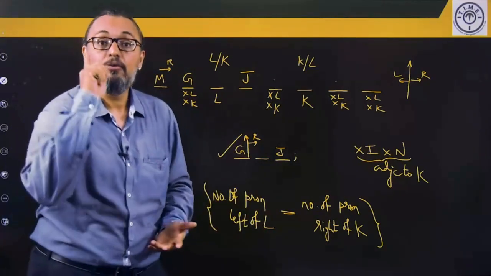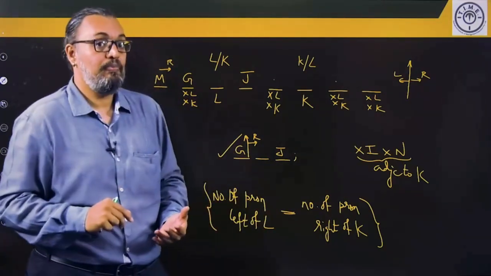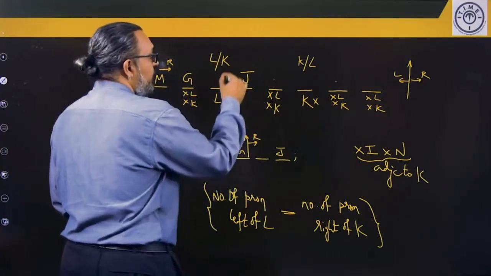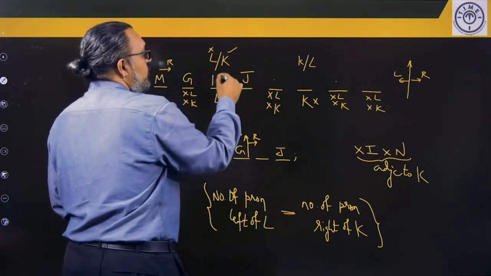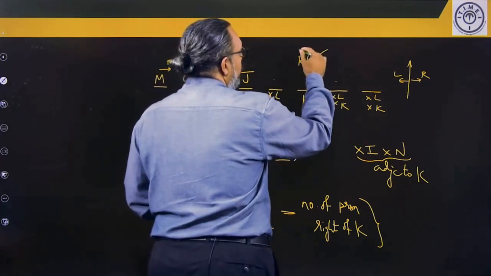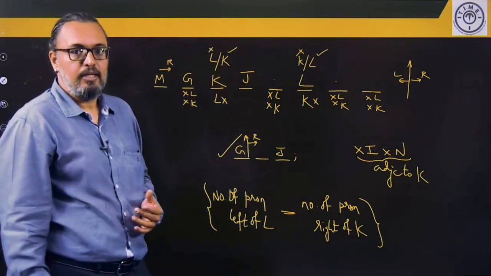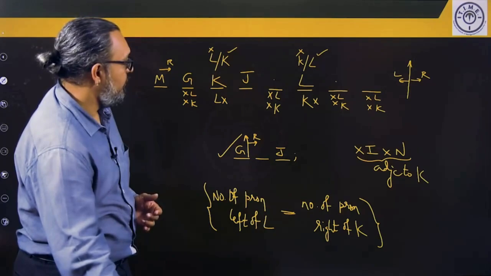It is not, because one position cannot have two different people. So that will tell you that you cannot have K here, you cannot have L here. That means you need to have K here and then you can have L here. Correct? Right. And then what else we have?